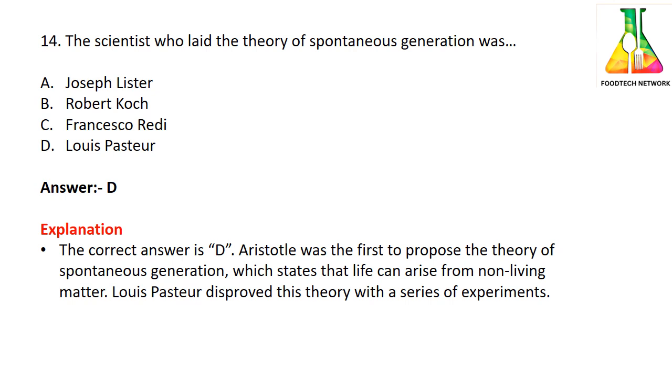Generally, Aristotle was the first to propose the theory of spontaneous generation, which states that life can arise from non-living matter. But Louis Pasteur disproved this theory with a series of experiments on spontaneous generation.